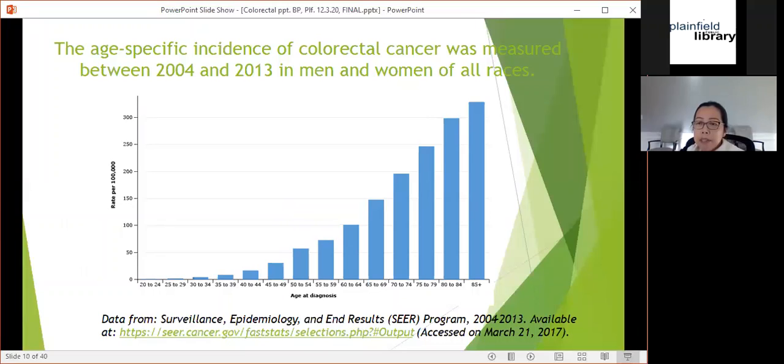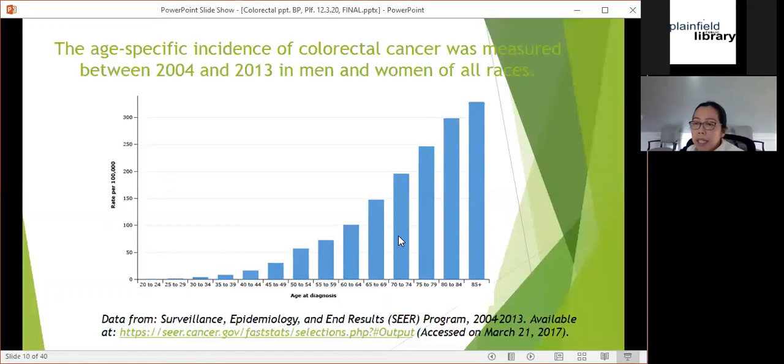The age-specific incidence of colorectal cancer was measured between 2004 and 2013 in men and women of all races in this graph. The x-axis represents different age groups, and the y-axis represents the colorectal cancer rate per 100,000 people.